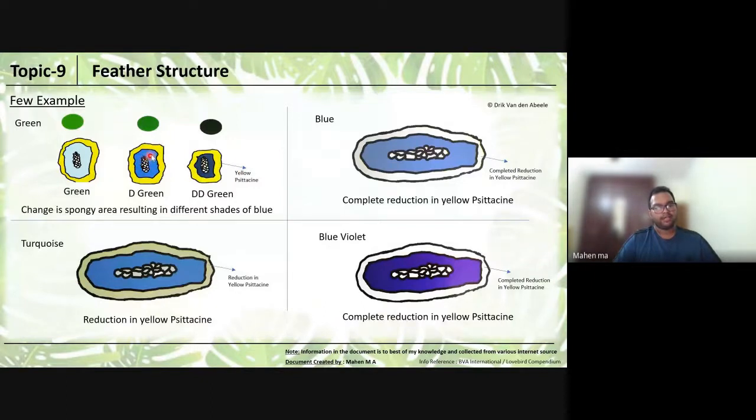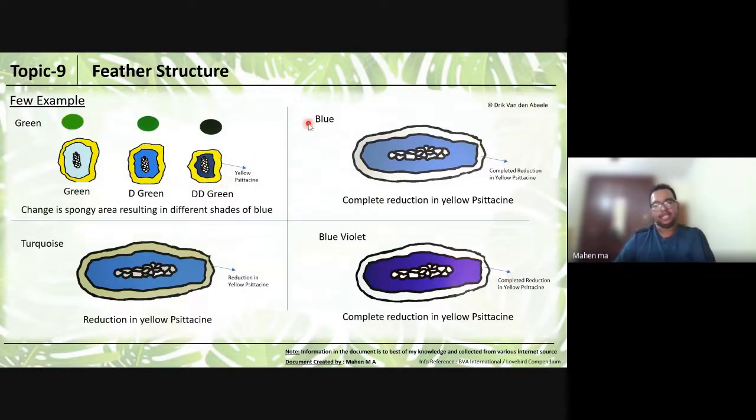The combination of dark blue and yellow becomes dark green. In double dark green, the structure inside the spongy layer changes again, and because of the heavily dark blue light reflected from the feather and the combination with the psittacin, it becomes double dark green.